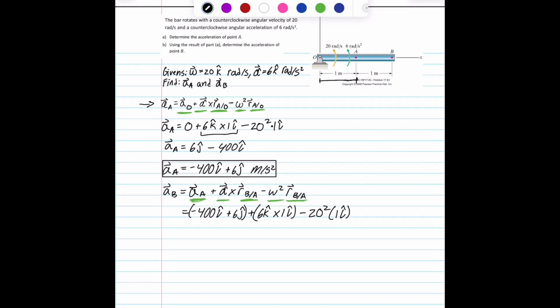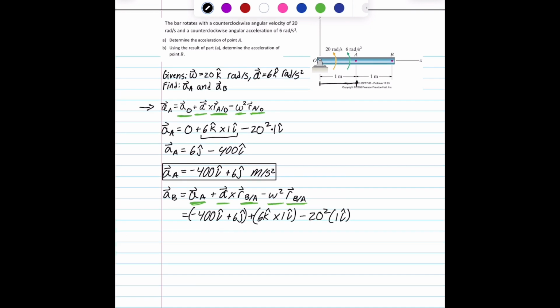Now we can simplify this equation by taking the cross product, and the cross product of 6k crossed with 1 i hat is the same as above, which is 6j hat.